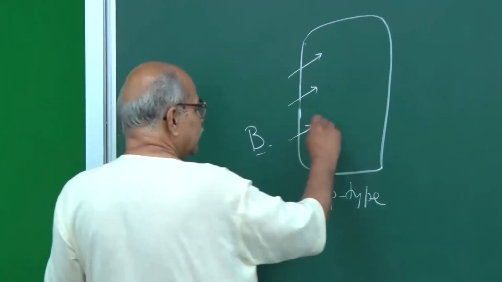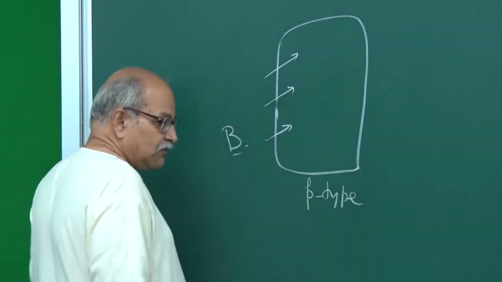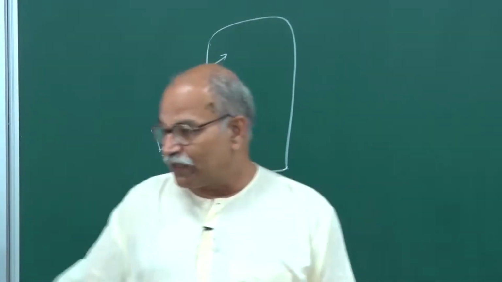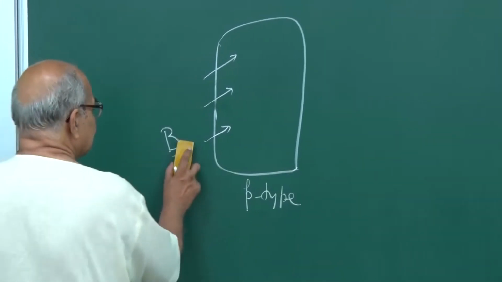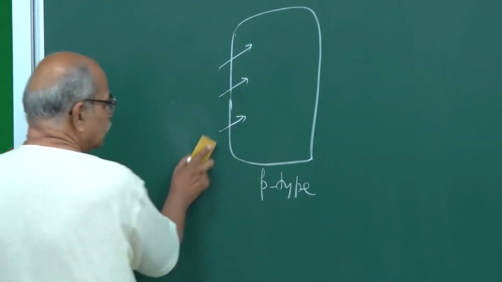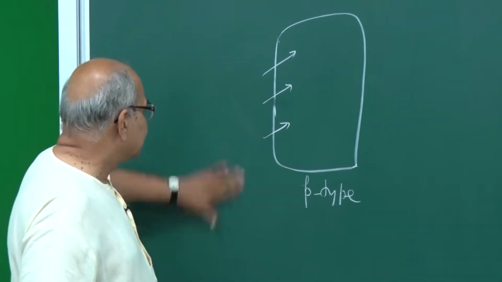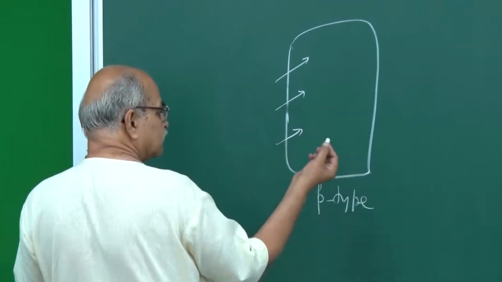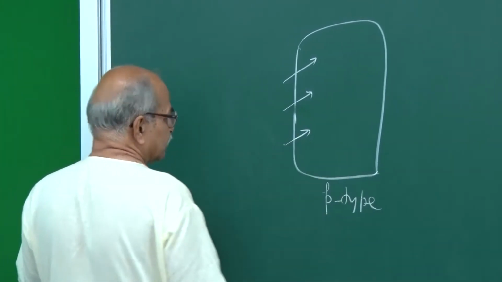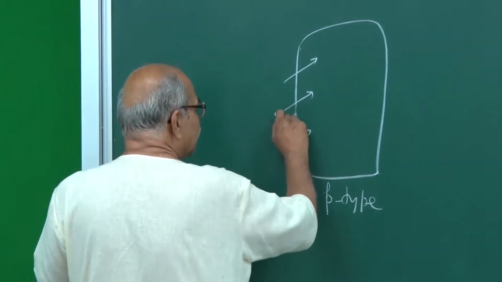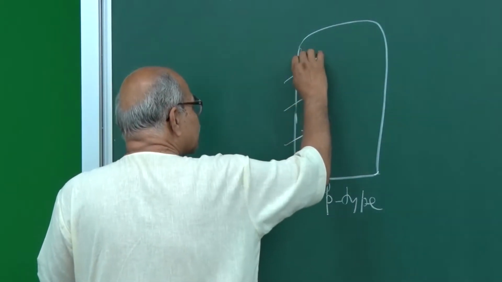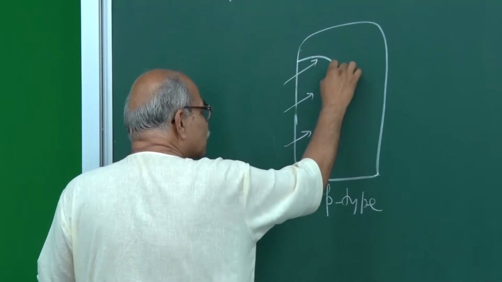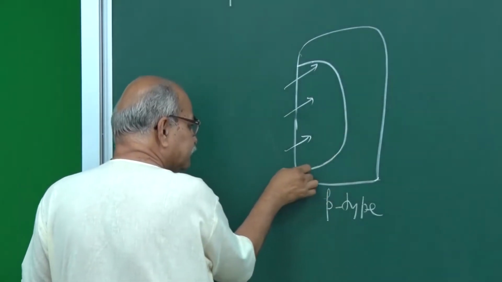So, this whole thing becomes p-type, and once this whole thing becomes p-type, after that you, in a very controlled fashion, diffuse n-type, and for that some pentavalent impurities like arsenic or antimony. So, that is now diffused in a much more controlled manner, so that it goes only up to some depth.